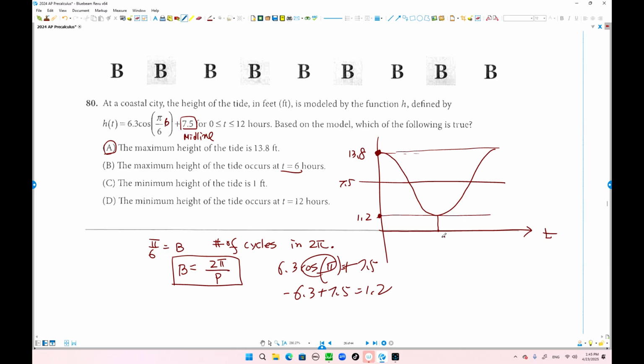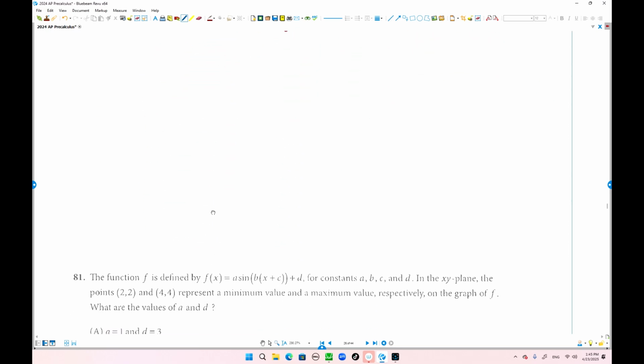Actually, this looks like 6 hours. If this is 12 hours, at 12 hours it should be maximum height, not minimum height. And another one, this is not good either. Minimum height of tide is 1 foot? No, it's 1.2. 1 foot and 1.2 are totally different numbers. So option A is the answer.